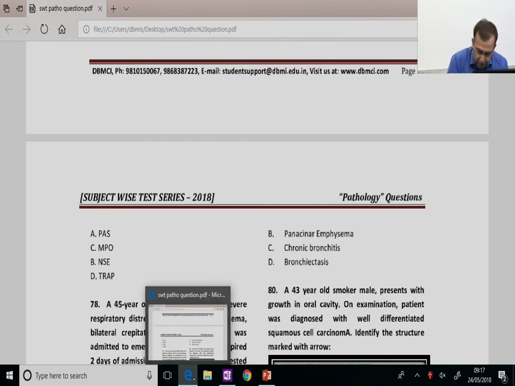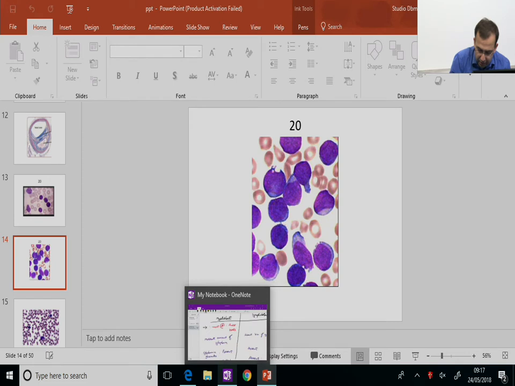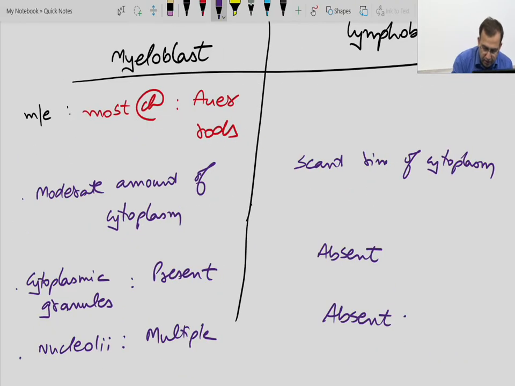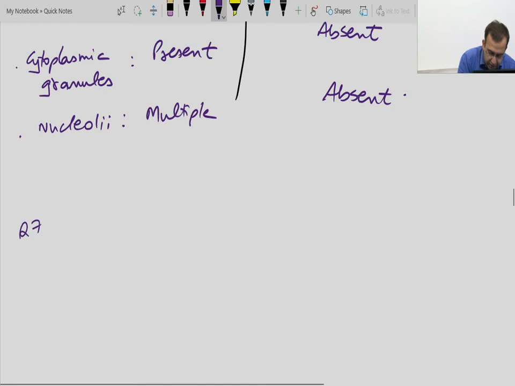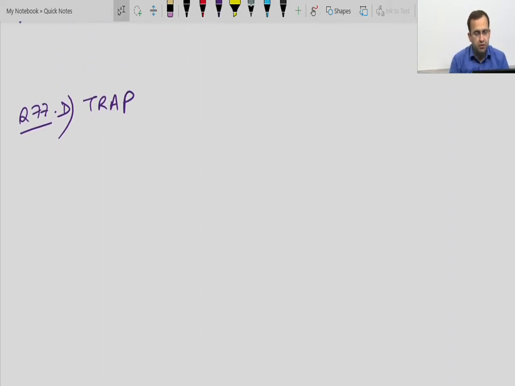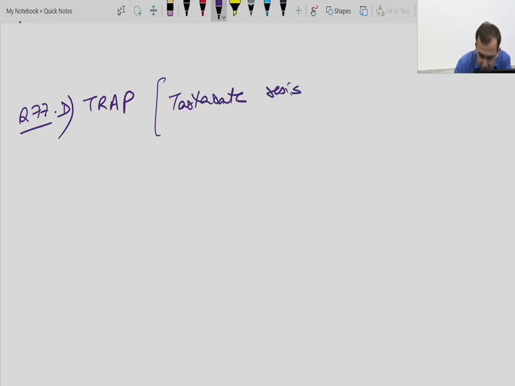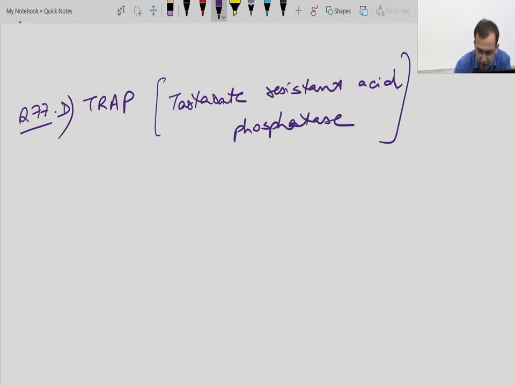So the answer to question 77 is D, that is TRAP positive. TRAP stands for tartrate resistant acid phosphatase. Hairy cell leukemia, TRAP positive.